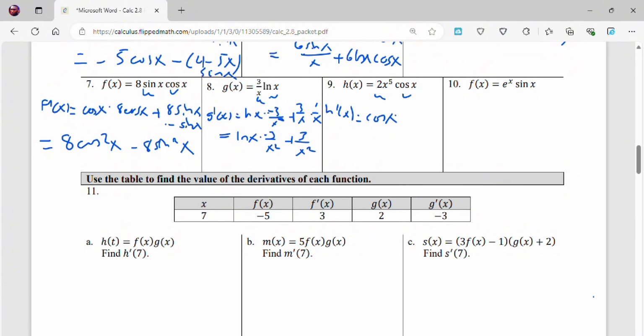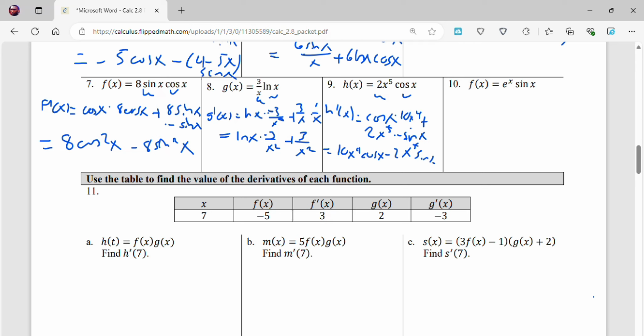So the derivative of 2x to the fifth is 10x to the fourth, plus u v prime. The derivative of cosine x is negative sine x. And so we get 10x to the fourth cos x minus 2x to the fifth sine x.